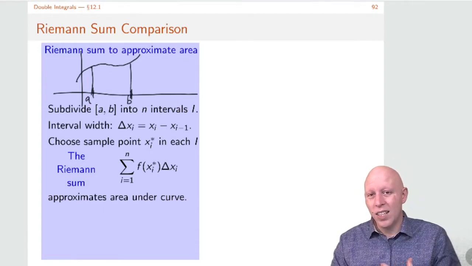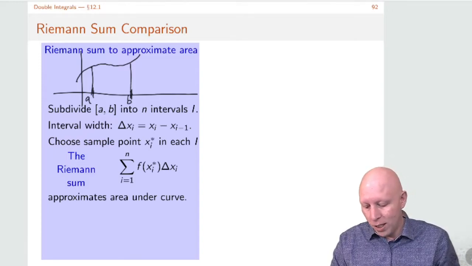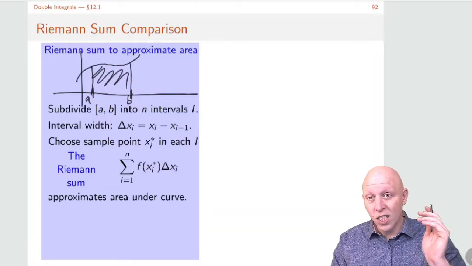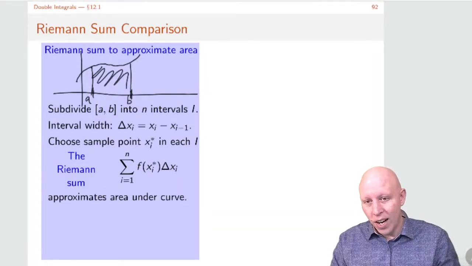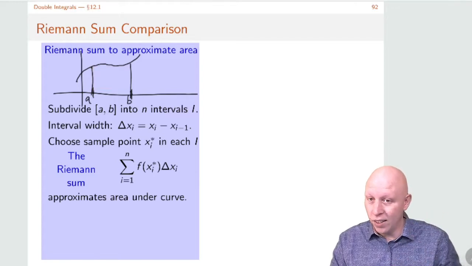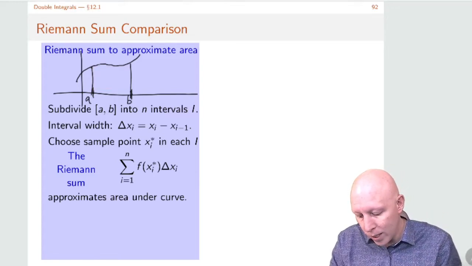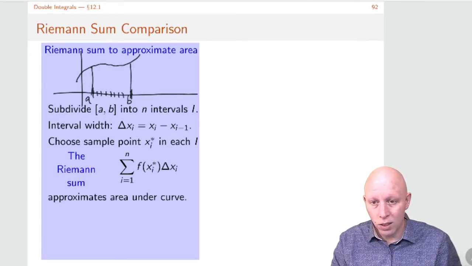We realize that to calculate an area, areas of really strange regions are hard to calculate, but areas of rectangles are super easy to calculate. So we take this region, we break it down into a whole bunch of smaller regions, right?